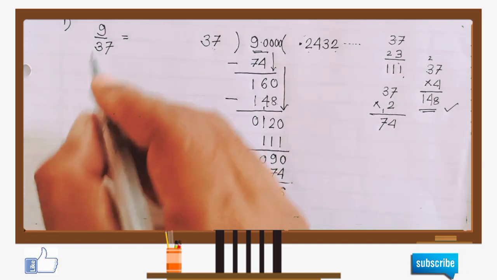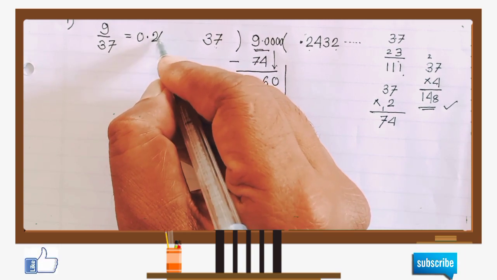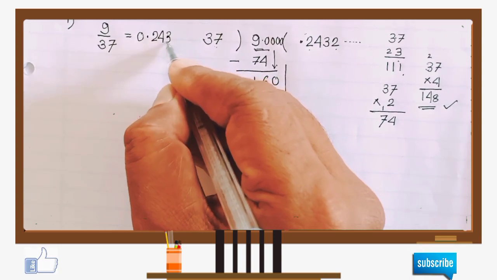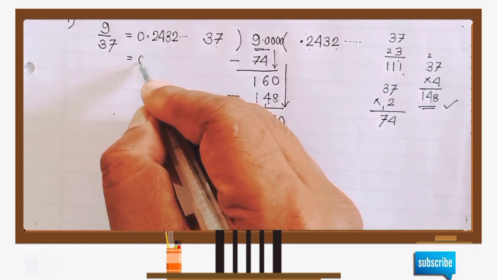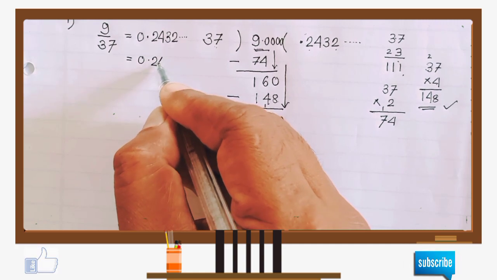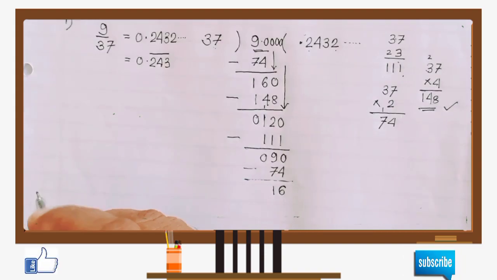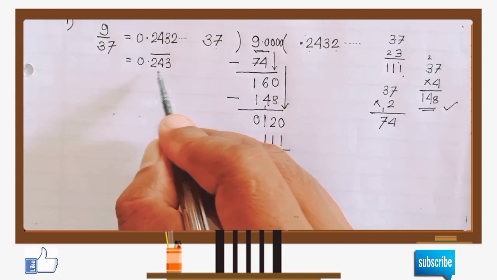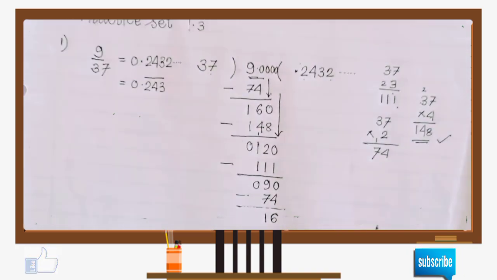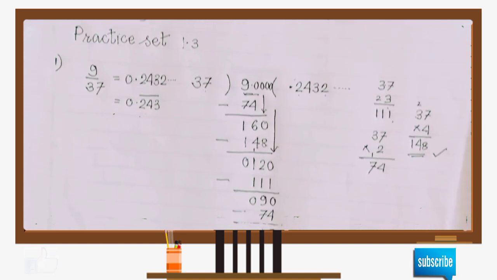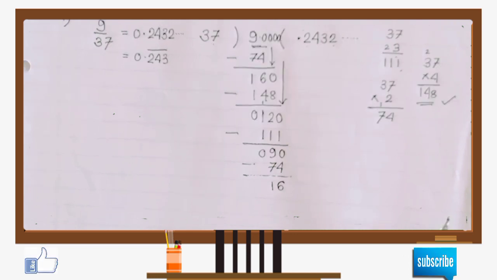In such a case we can write the answer as 0.243 with a bar over it. It means that after that there will again be a repetition of the numbers. So we have done a division here, 9 divided by 37, and our answer is this.